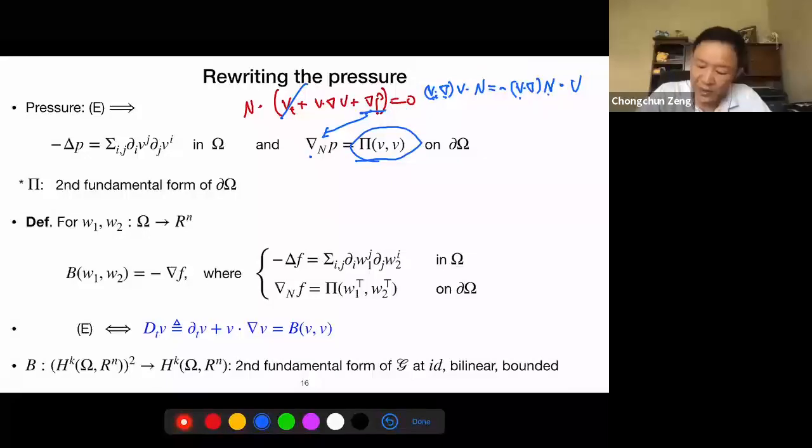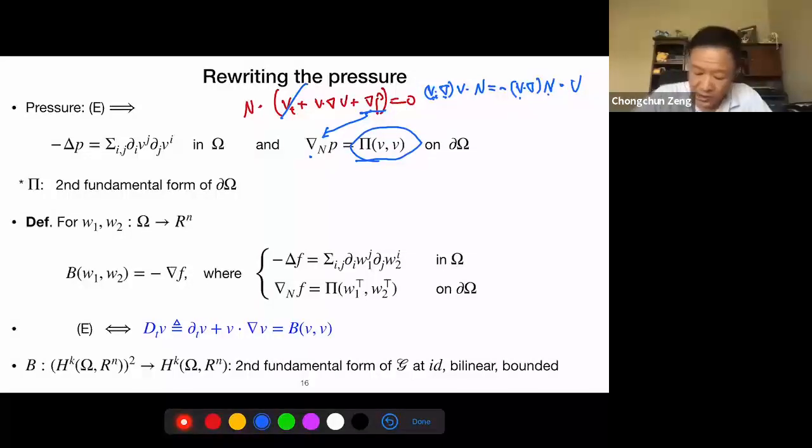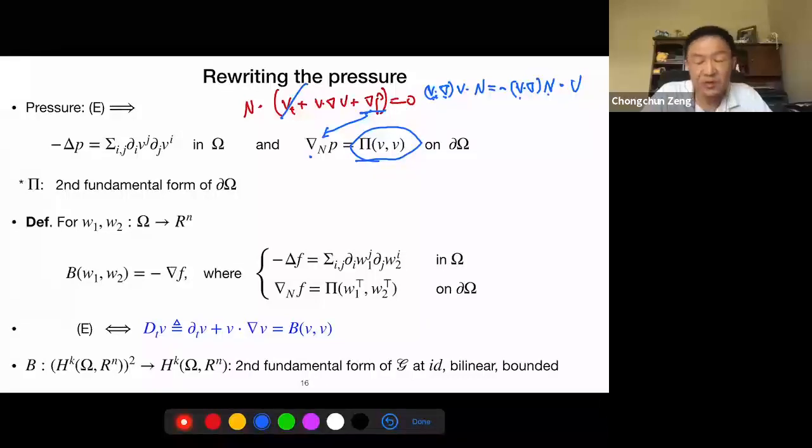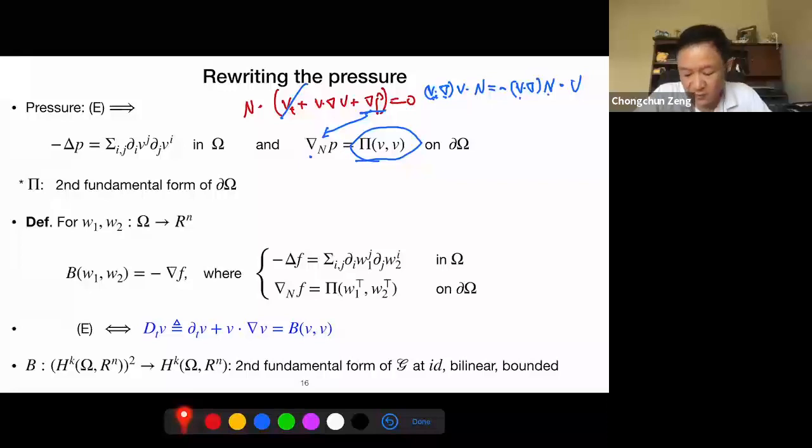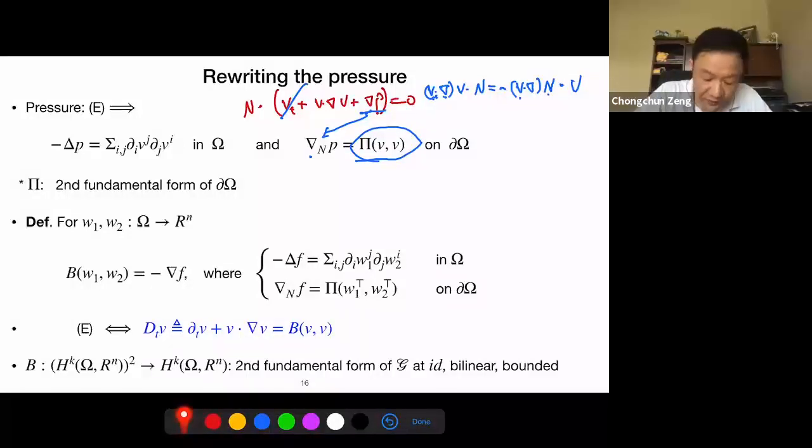And assuming that the physical boundary is smooth, then if the regularity of the velocity field is good enough, it tells you that the gradient of the pressure is indeed one order derivative better than the velocity field. So putting these things together, you see that the gradient of the pressure is indeed a nice driving force at the same regularity level as the velocity field.